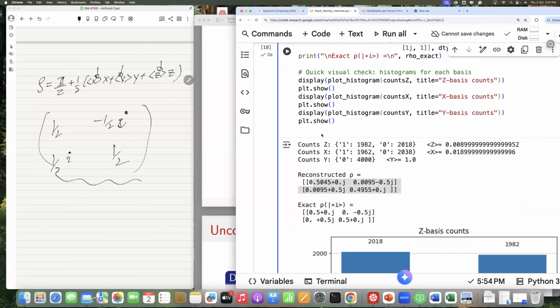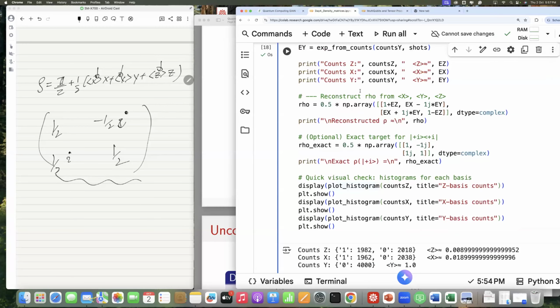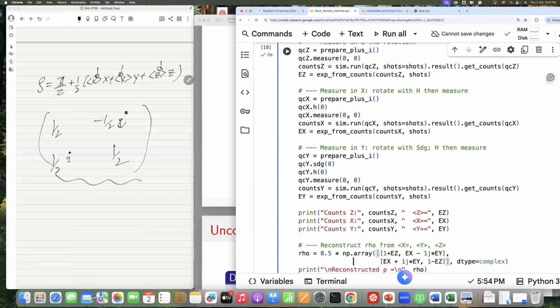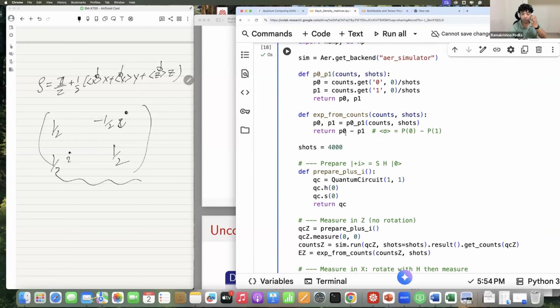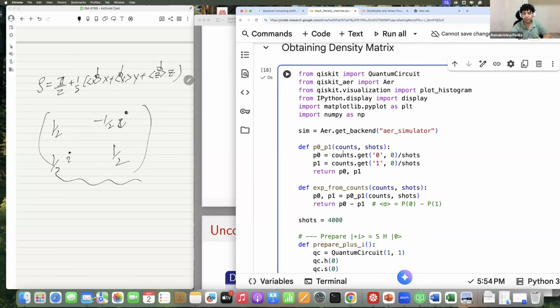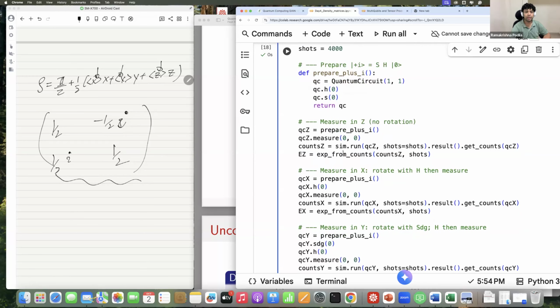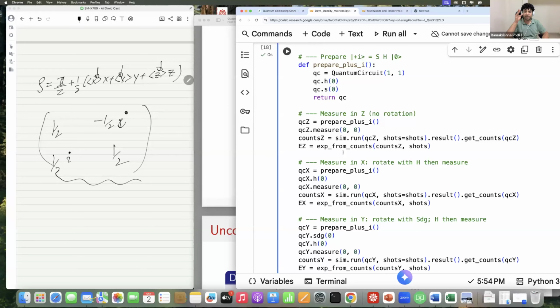So I see we are measuring the first bit, right? I think this is just for the example. This is only one qubit. Okay. I created only a one-qubit state. But if you have a multi-qubit state, you could create a tensor product of qubit 1 and qubit 2, and then you do these measurements on qubit 1 and qubit 2, both.